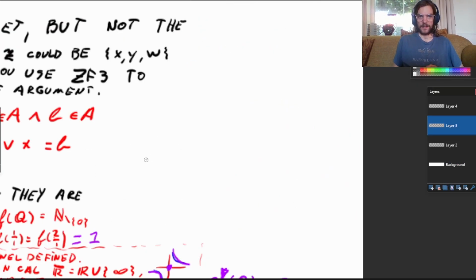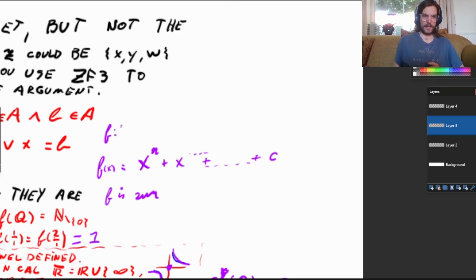If you have a polynomial x to the power n plus other terms, all of them with lower powers than n, plus some constant c, and let this function be f of x, then f, going from R to R, is surjective if and only if n is odd.